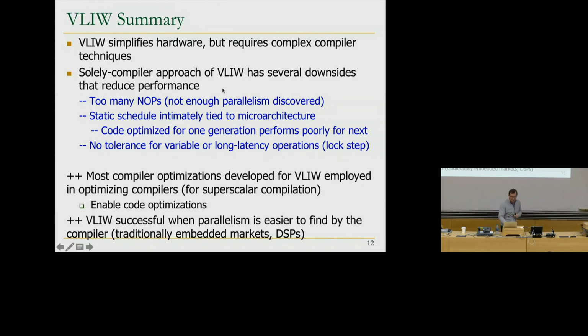Okay, the big upside, though, there's a big upside with VLIW. It actually enabled many compiler optimizations, as I said. Most compiler optimizations developed for VLIW are employed in optimizing compilers for superscalar processors, and they enable many code optimizations that are out there in all of the compilers today. For example, if you want to find independent instructions in code, you just cannot look at code that is between branches. Remember, we looked at the control flow graph.